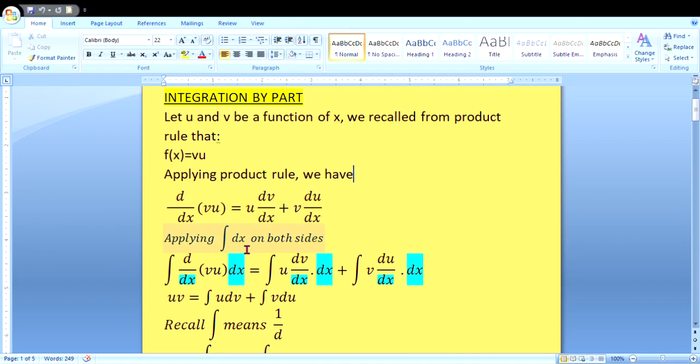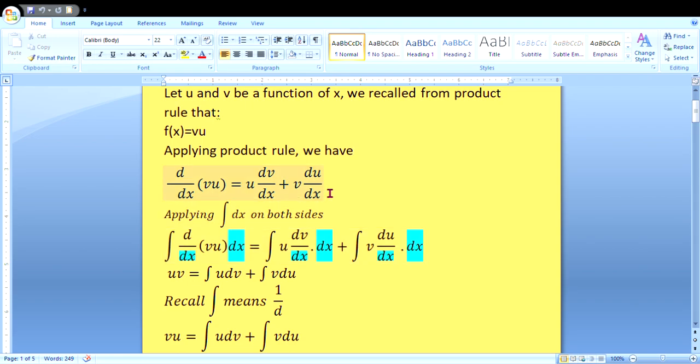So here, if we apply the integral with respect to x on both sides, we see that this becomes the integral of d/dx of vu times dx, which is equal to the integral of u dv/dx times dx plus the integral of v du/dx times dx.